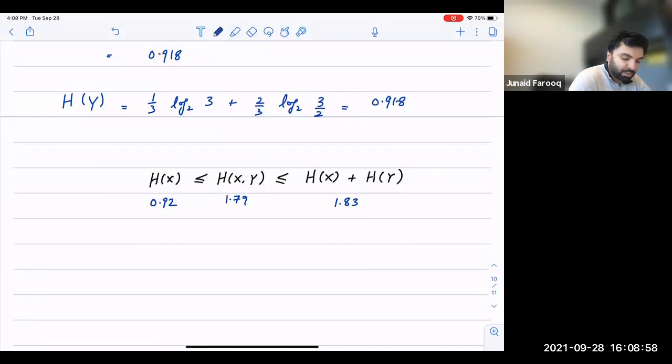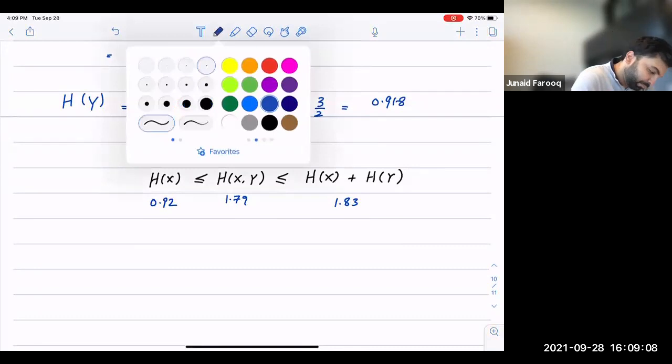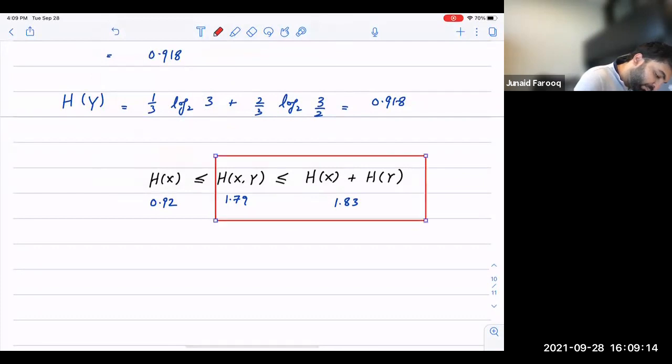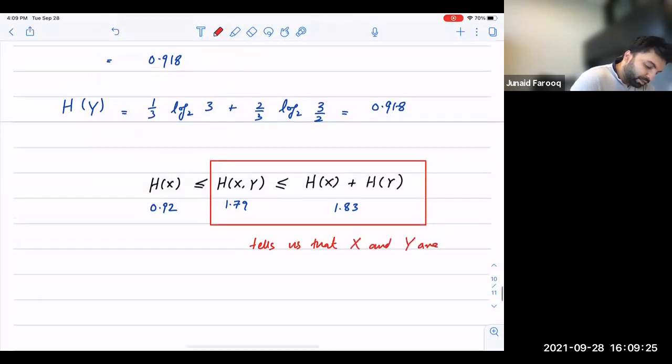Right, so what you see is that the joint entropy is not actually the sum of the two entropies, and this tells you that X and Y are not independent.